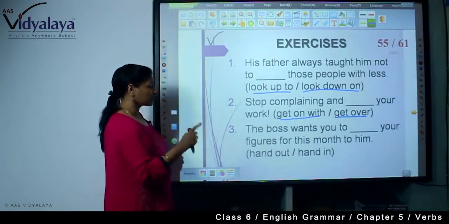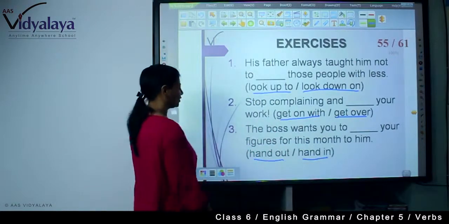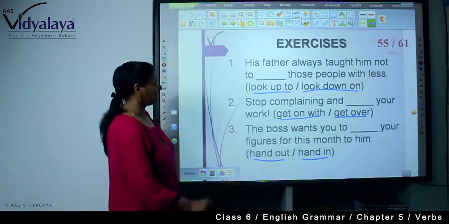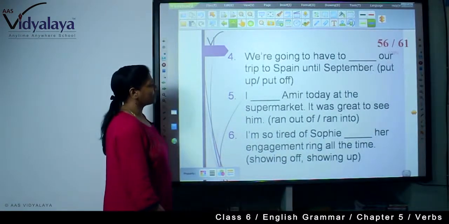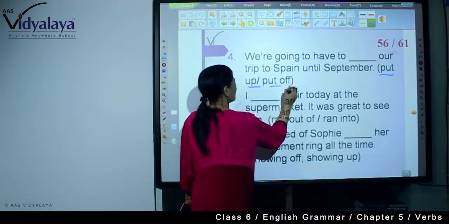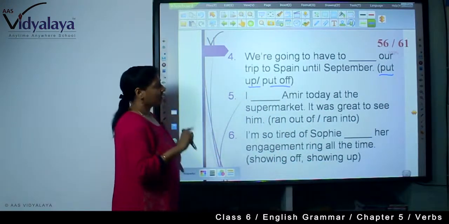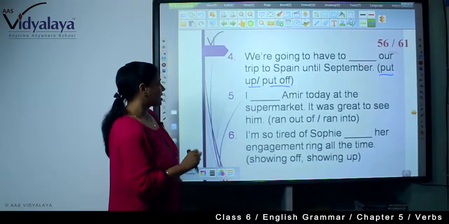The boss wants you to hand out or hand in your figures for this month to him. We are going to have to put up or put off our trip to Spain until September.